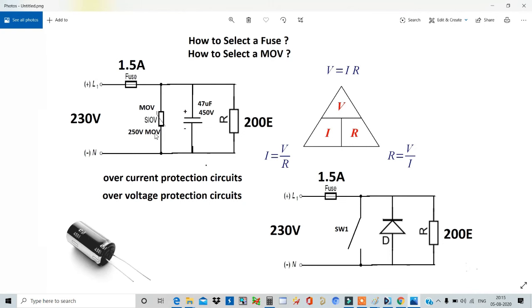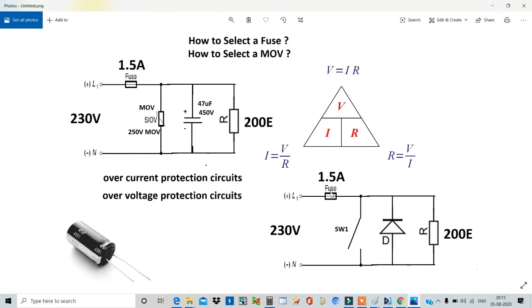Once the MOV gets burned, what happens? I have shown in the picture here, you can see this one: I removed the MOV and instead connected a switch. Once I press the switch, the current will flow through the switch. It's like a kind of short circuit.